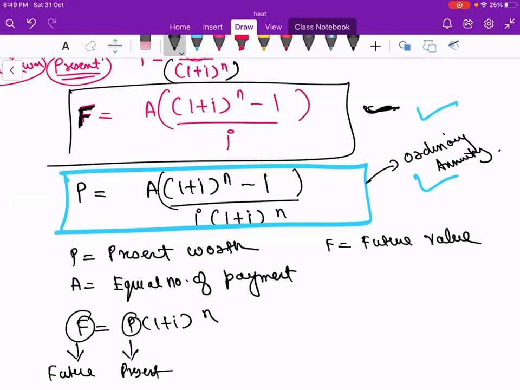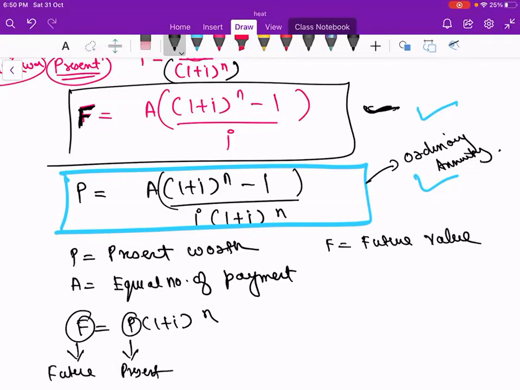Now everyone is comfortable? Yes or no? Chandana, the value is future. Most of the students are getting confused that for compound interest, we have deposited the value at once.